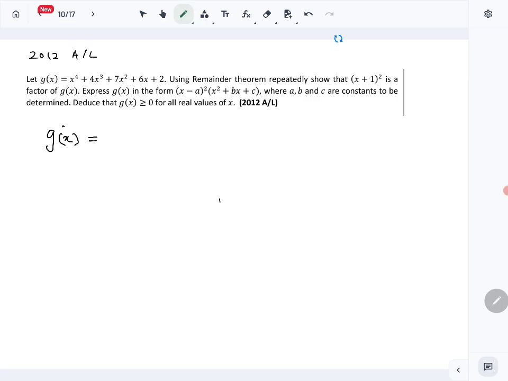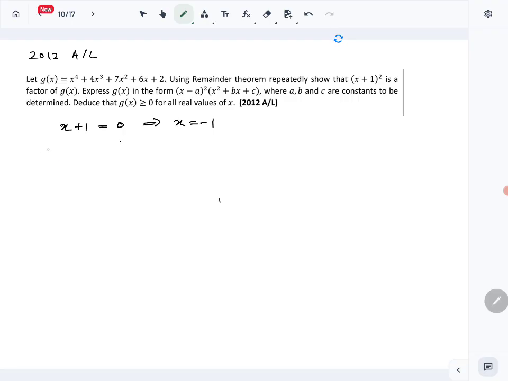So first let's substitute 1, g of 1, and see what happens. Sorry, not 1. We want to show x plus 1 squared is a factor, so we have to substitute minus 1 first.